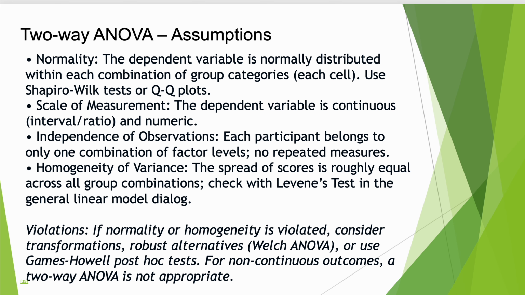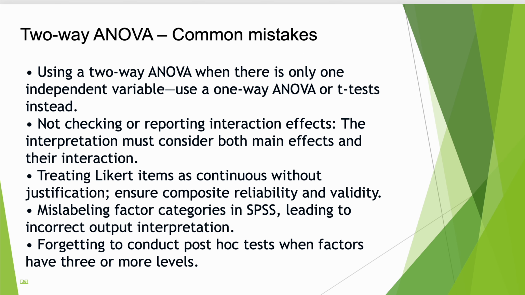We have the same assumptions as we did for the one-way ANOVA and for the independent samples t-test. But some common mistakes here are trying to run a two-way ANOVA with 1 independent variable, and that should be either a one-way ANOVA or a t-test. Not checking or reporting interaction effects. I actually see this pretty commonly when I'm working as a methodologist.